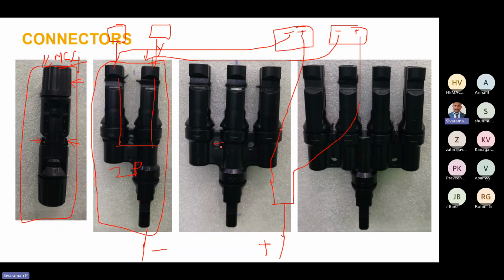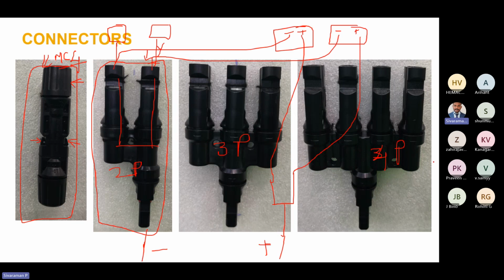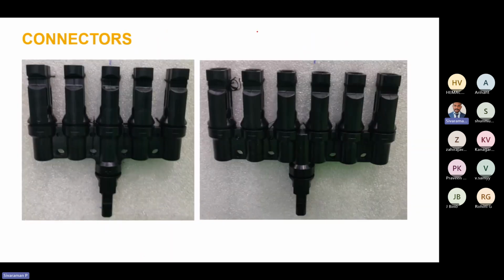This is for three panels. This is for four panels. This is the common paralleling connection. These connections are based on the requirement, on how you are designing your system. Then this is for five panels and this one is for six panels. Even if it is six, totally six panels will be there.